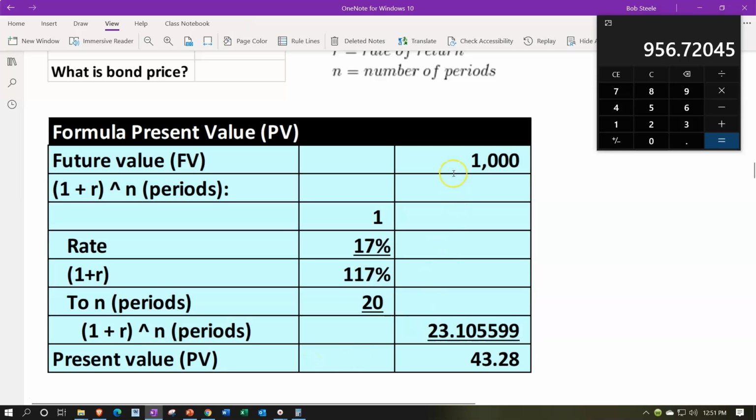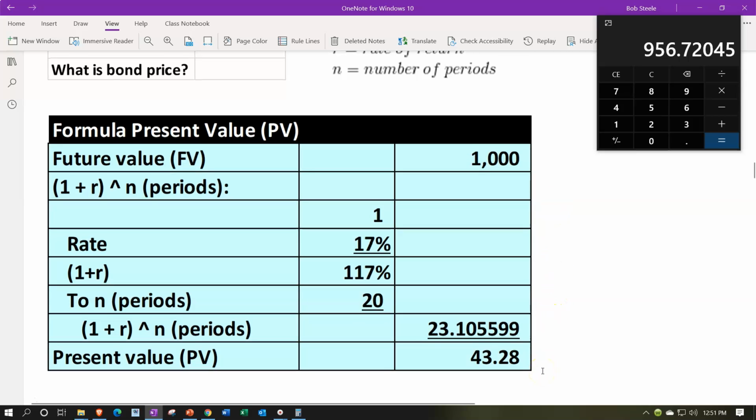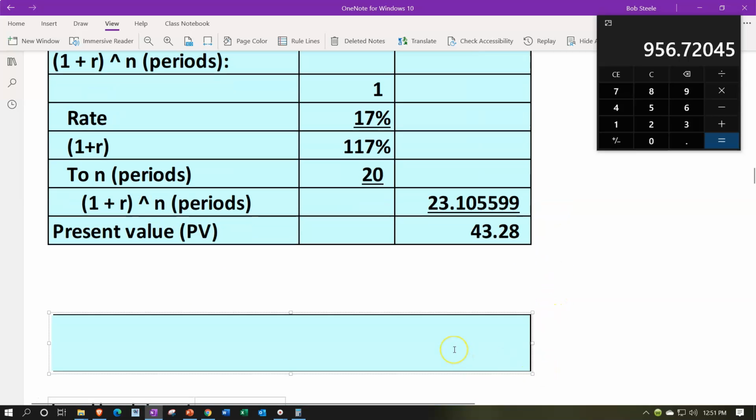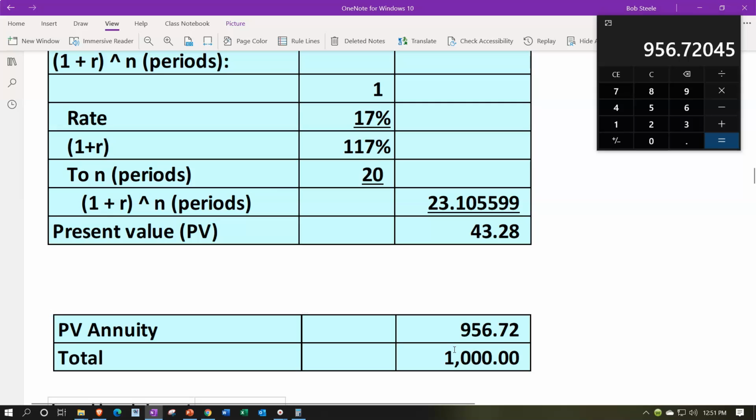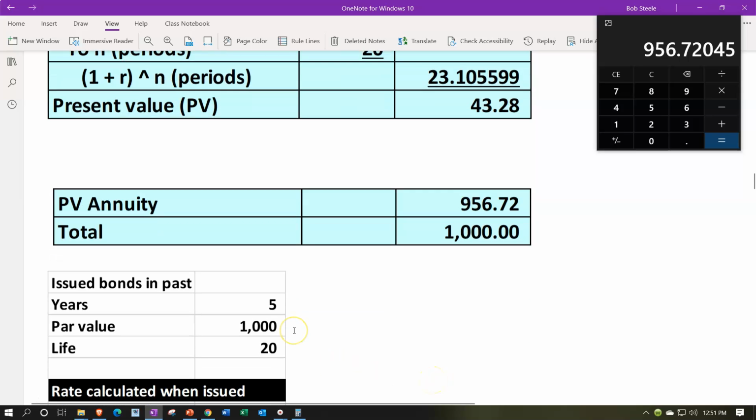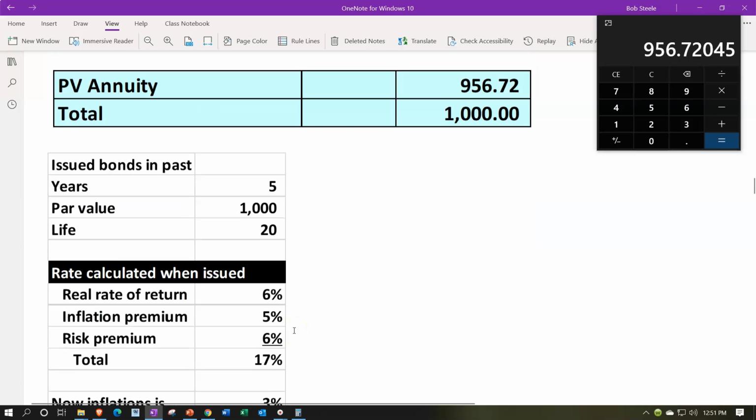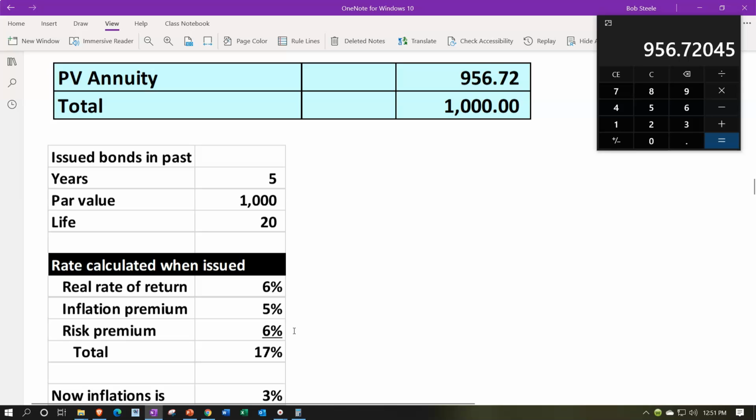Then if we take the numerator over the denominator, the 1,000 divided by the 23.105599, we get that 43.28 again. Adding that 43.28 to what we got when we did the annuity calculation, in other words the 956.72, that then gives us the 1,000 end result, what we would expect in this case, that the rate on the bond is the same as the market rate.